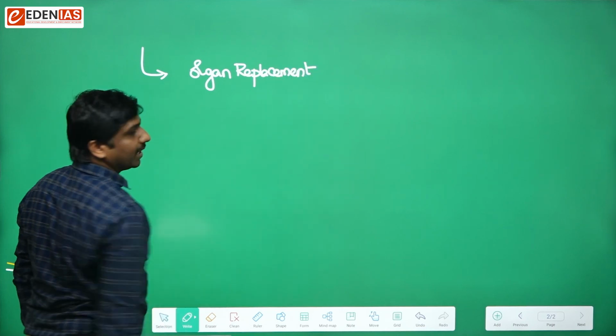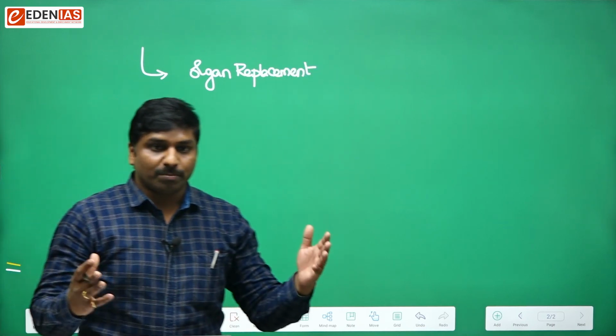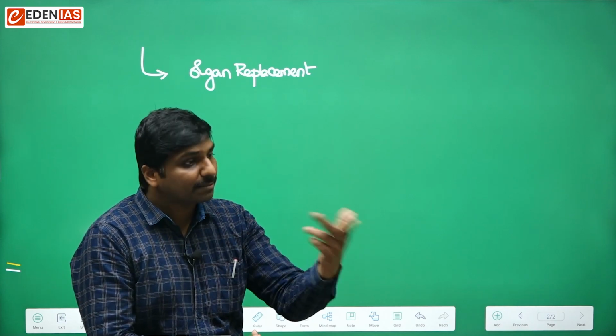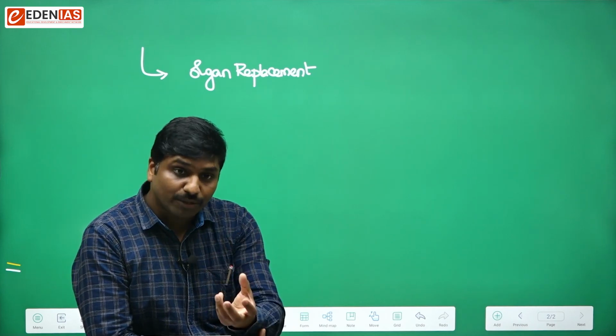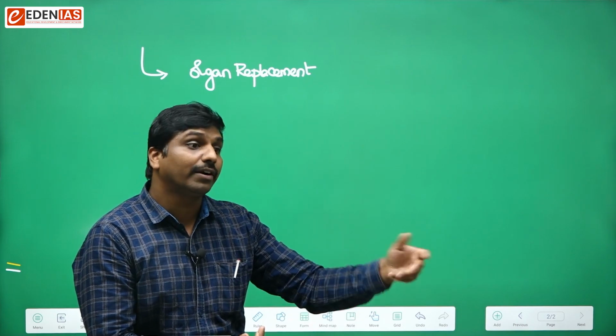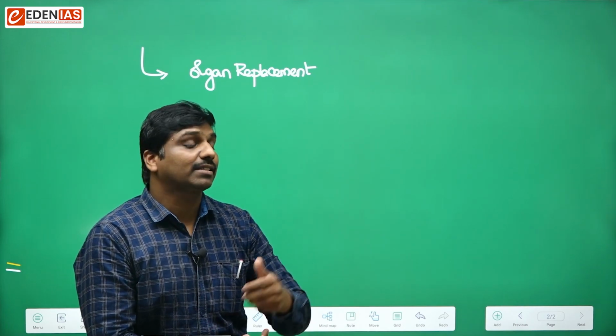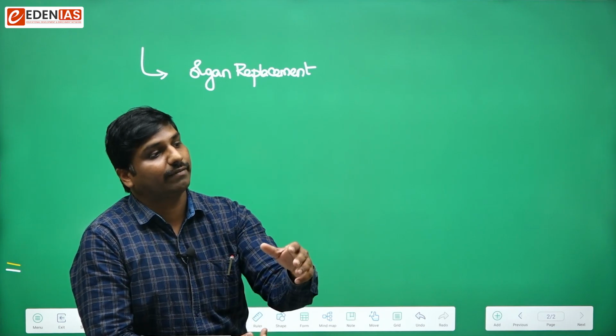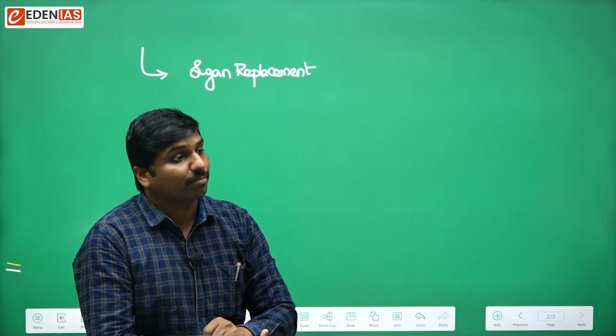Organ replacement means assume there is an issue with the liver. Now liver replacement would be needed, and for that we need an organ graft. Assume that the liver graft is not present. Then what can we do?